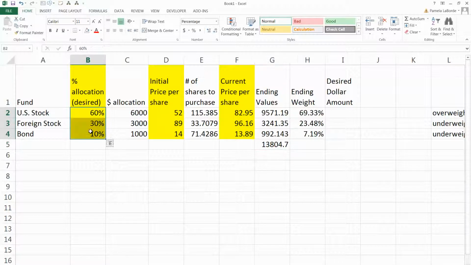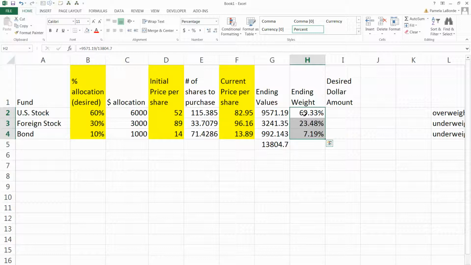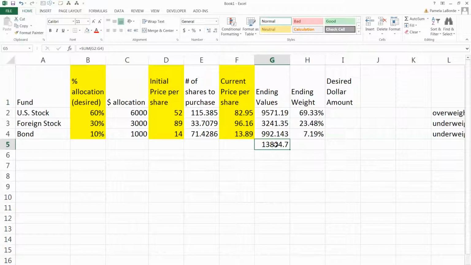So I desired this weight. Things changed and I'm actually at this weight, but I would prefer to be at these weights given that my new portfolio is worth now almost $14,000. I can figure out exactly how much money I should have in each of these. This is how much money I do have, but I want to figure out how much I should have.